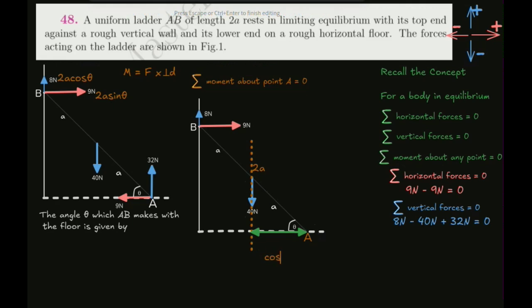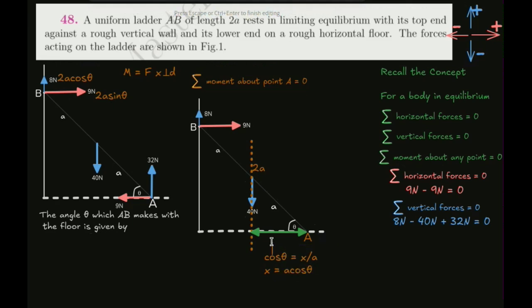So using cos theta equals adjacent, which is x, all over our hypotenuse, which is a. So x should be equal to a cos theta.